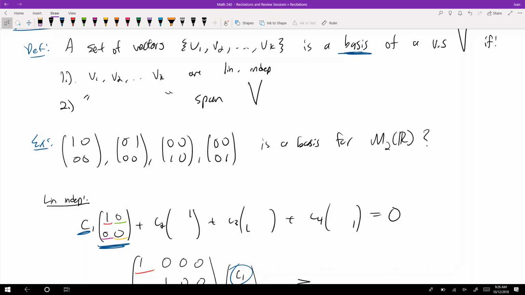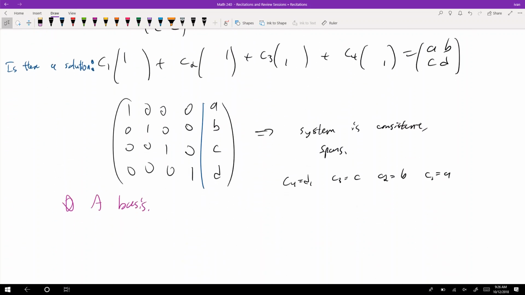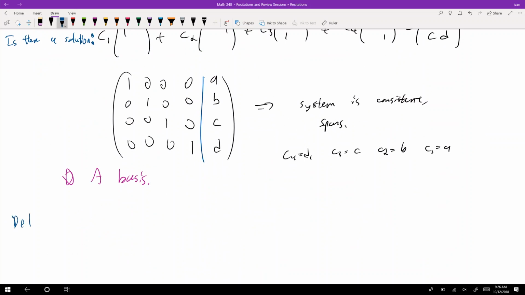So this is technically the most simple basis for M2R, and so a definition then, we call it the standard basis. You can think of the standard basis as the simplest basis for a vector space.